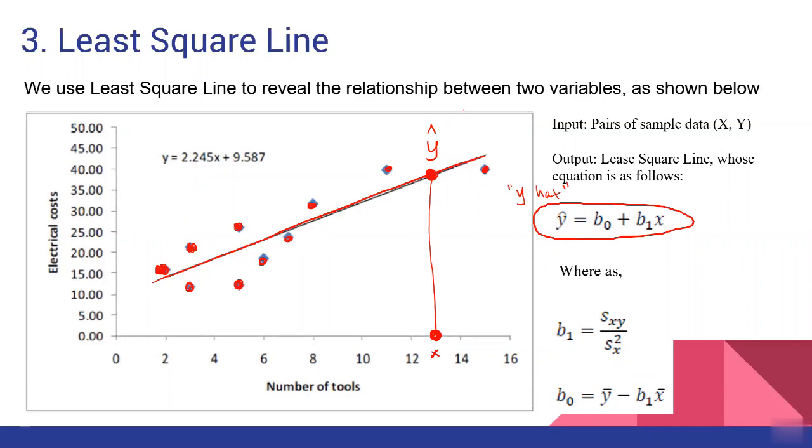This is called prediction. That means for any given x value, we can predict a y value according to this least square line. So one of the purposes of this line is to make predictions.